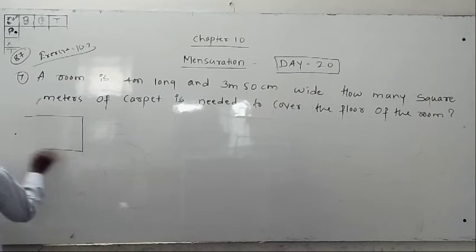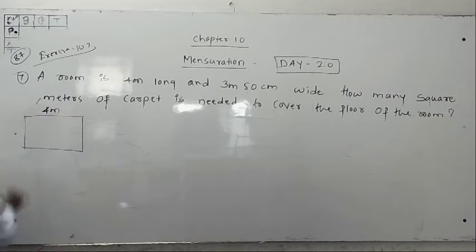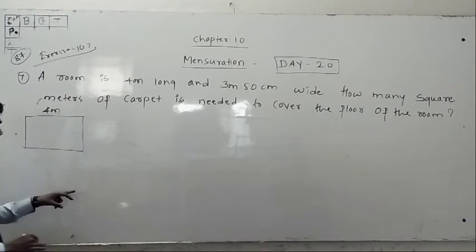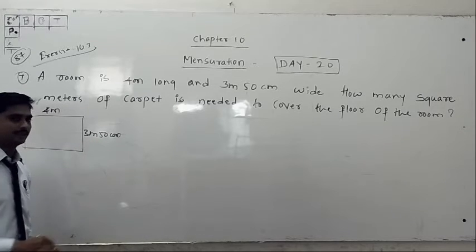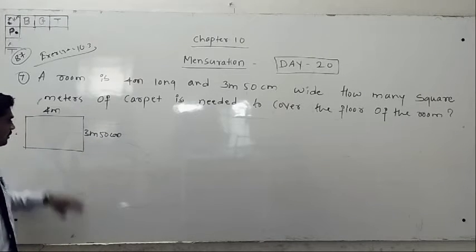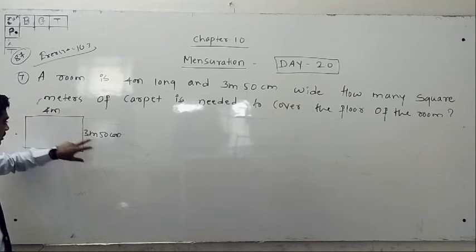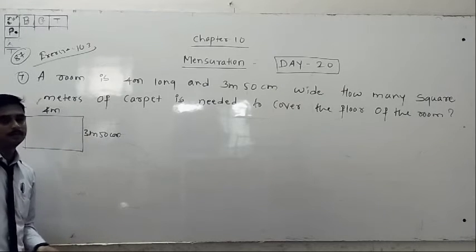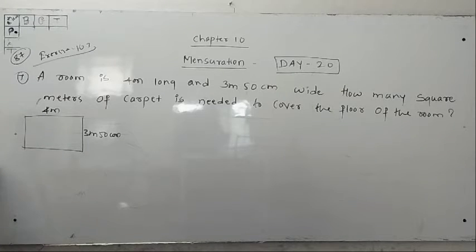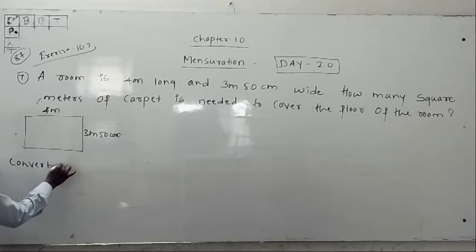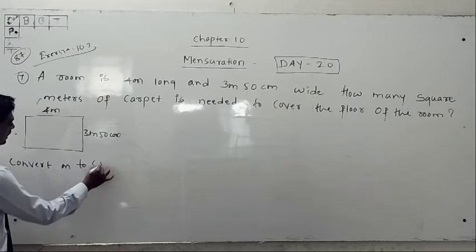Okay. This type of rectangle room is there. That room length is 4 meter and breadth is 3 meter and 50 centimeter. You should notice one is given in meter, another one is given in meter and centimeter also. Otherwise, you have to convert meter to centimeter.